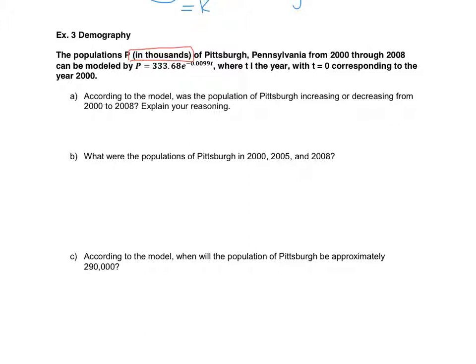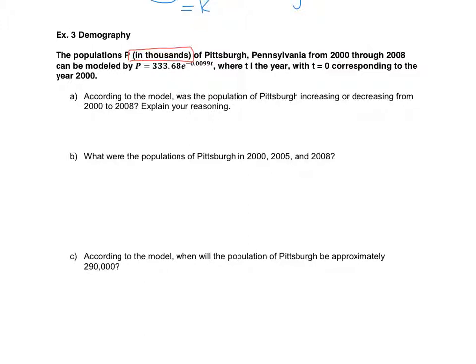So it says, according to the model, was the population of Pittsburgh increasing or decreasing from 2000 to 2008? Now, we don't have to do any math in order to be able to tell. If you had to just look at that function and guess, is it increasing or is it decreasing, what would you guess?